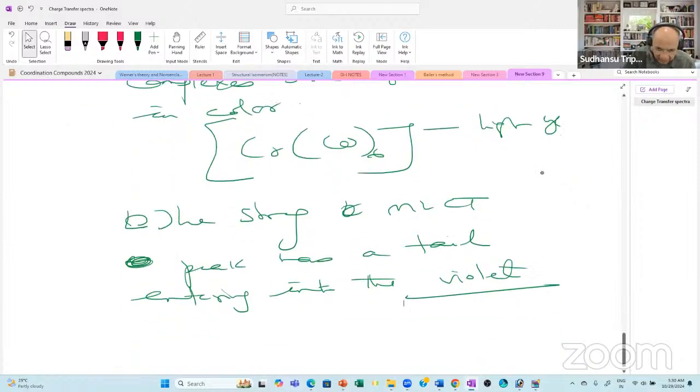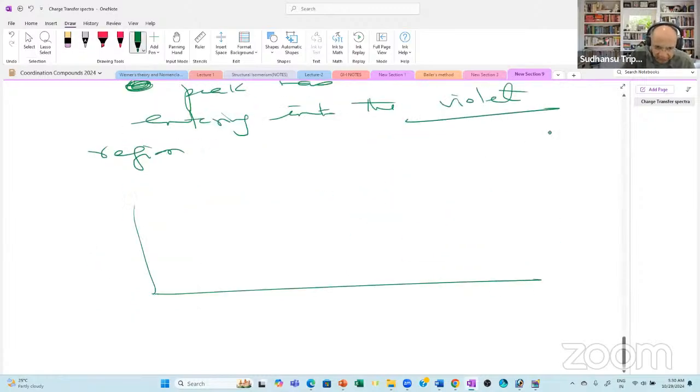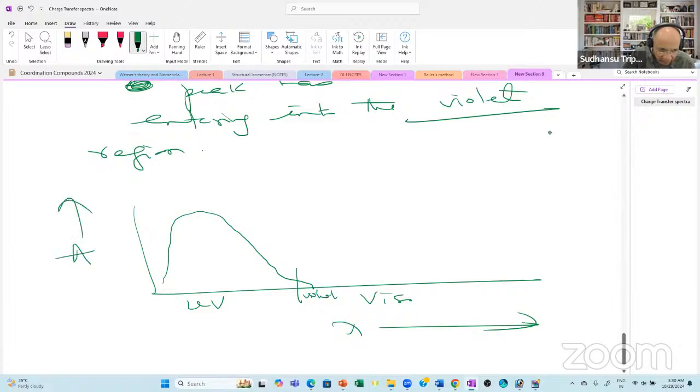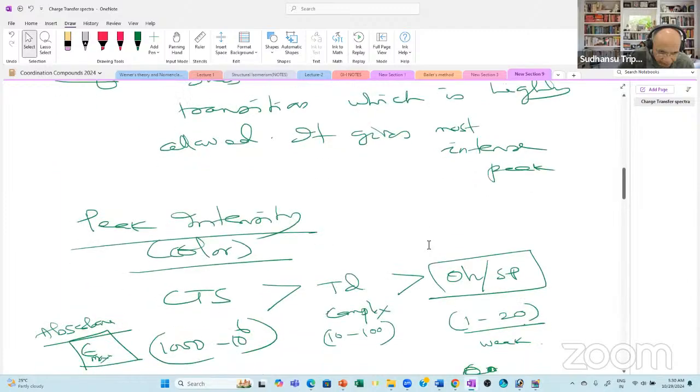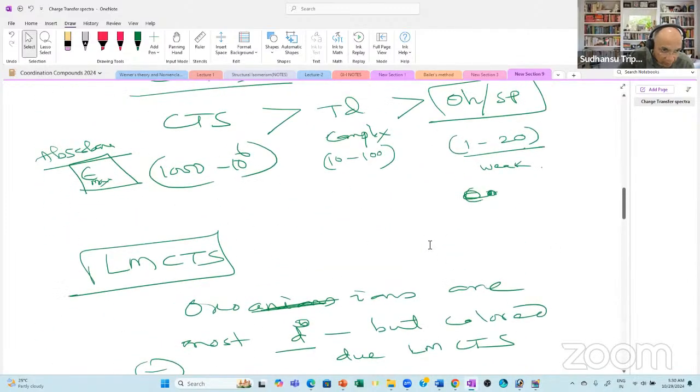Supposing this is UV, this is visible, so this part of the peak is in the violet region. This is lambda increasing, and this is the absorbance, known from the epsilon max value. The absorptivity, what I have written, epsilon max, absorbance and absorptivity, that constant.